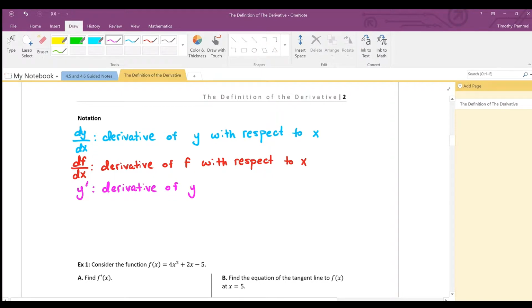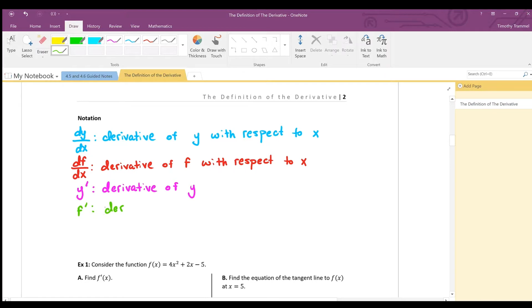And when you use this notation, we're not actually saying what it's with respect to. It'll just be implied what variable we're differentiating with respect to. And then the next one, f prime. This is the derivative of f.